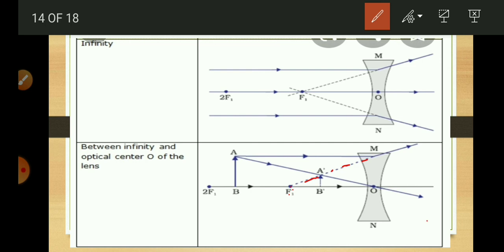If we extend those rays, they will appear to meet at a certain point, and that point will be the image of object. We will obtain an image which will be virtual, erect, diminished and formed between object and lens.